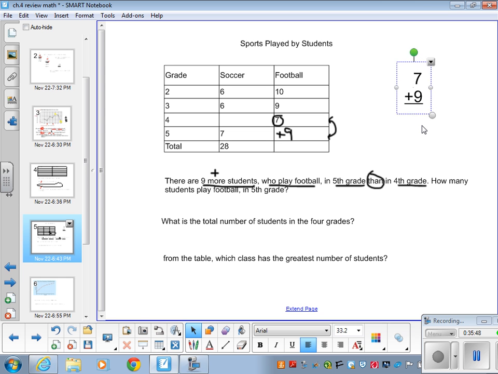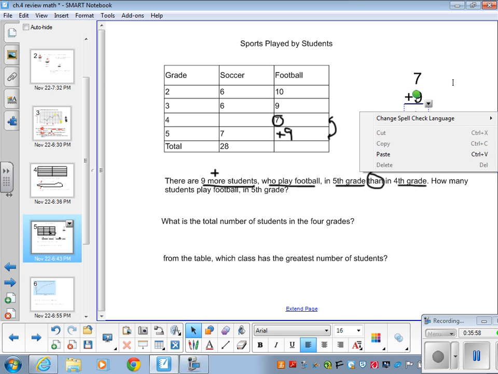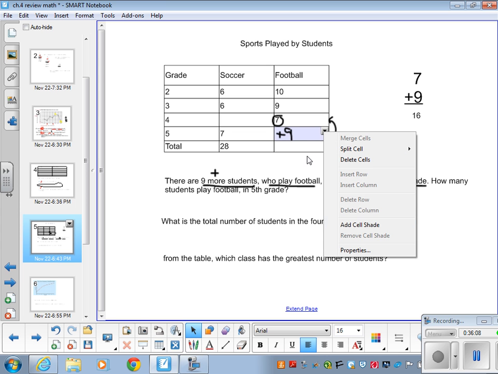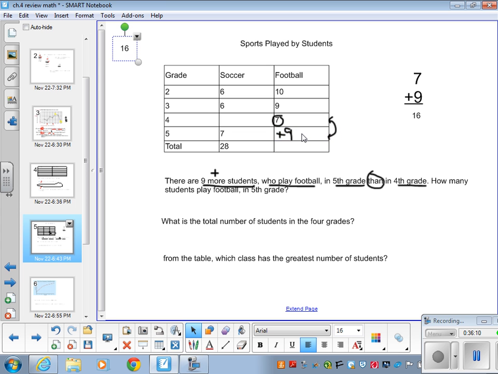Alright, welcome back. What's 7 plus 9? If you said 16, you're correct. So I know I have to place 16 in here.